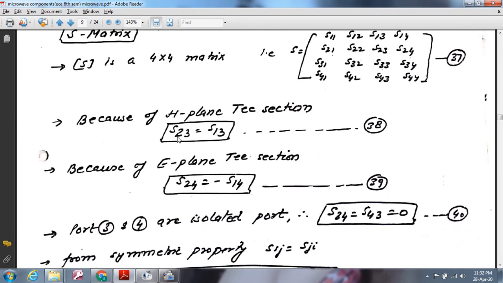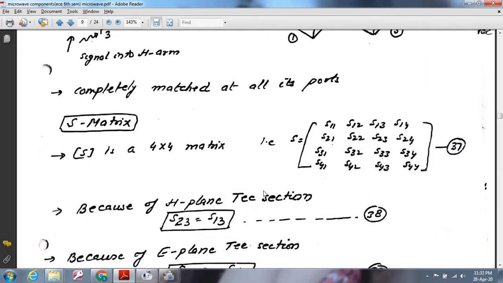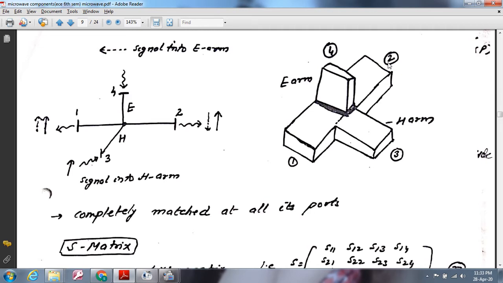So this is one property, and because of the E plane T, we are having the equation S24 equals minus S14. It means if we apply our source at port number 2 and see output at port number 4, and if we replace our source from 2 and put it at port number 1 and see output corresponding to port number 4, then in that particular case it will behave just like an E plane T, and because of that S24 will be equal to minus S14.